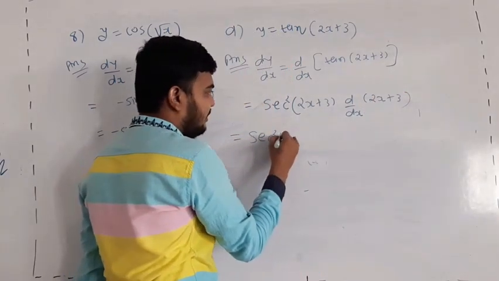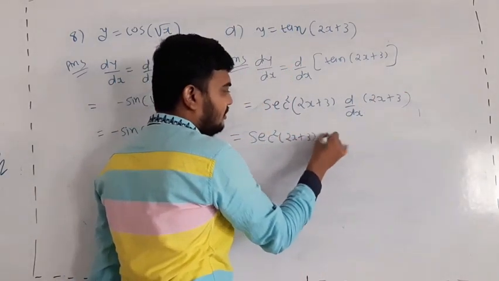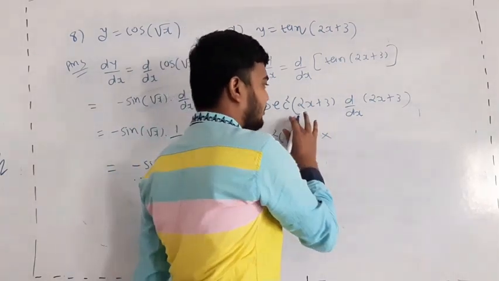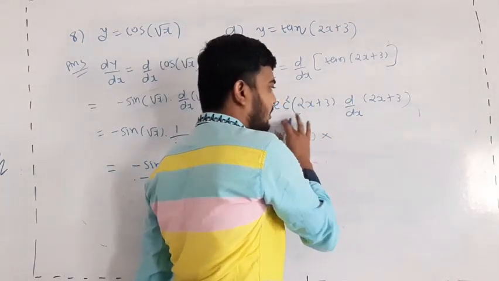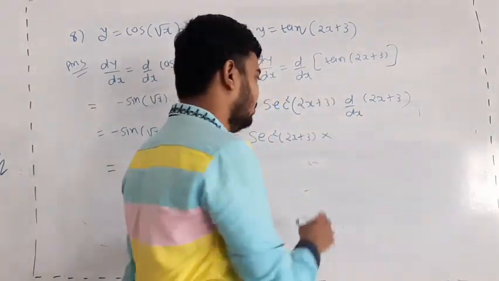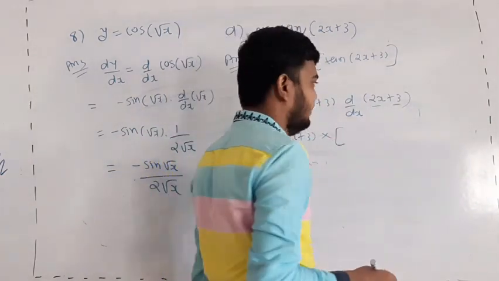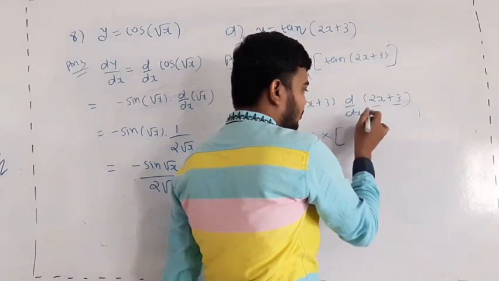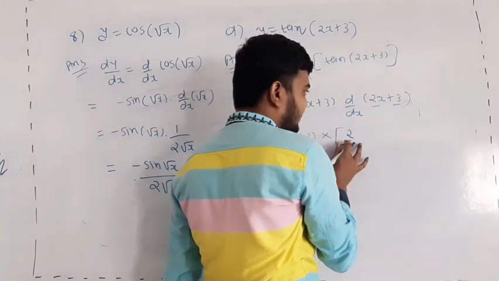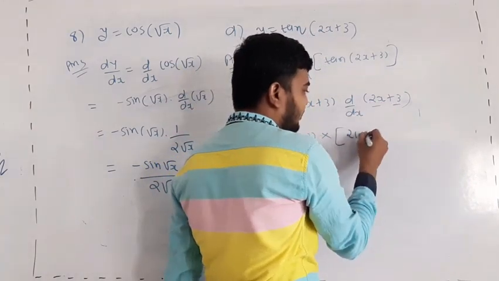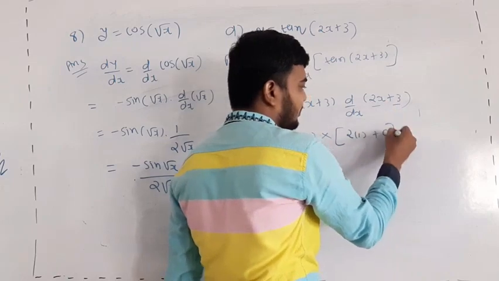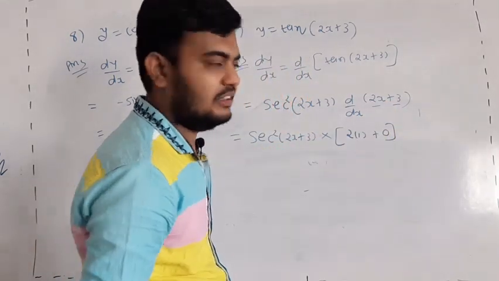So sec square 2x plus 3, and we know that there is a multiplication sign between all the derivatives. Here there is a plus sign, so take the differentiation separately. The 2 is in multiplication, so 2 stays as it is, the derivative of x is 1, and 3 is a constant, so its derivative is 0.